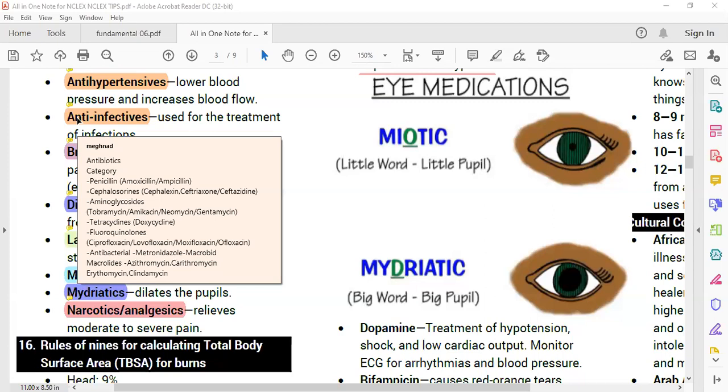We use cephalosporin for UTI, urinary tract infection, or pneumonia, gonorrhea, but do not give it if your patient has a history of allergy to penicillin. Do not give cephalosporin. The common side effect of cephalosporin is that it can cause hyperglycemia. So if your patient is diabetic and you give them cephalosporin, they have to adjust insulin.